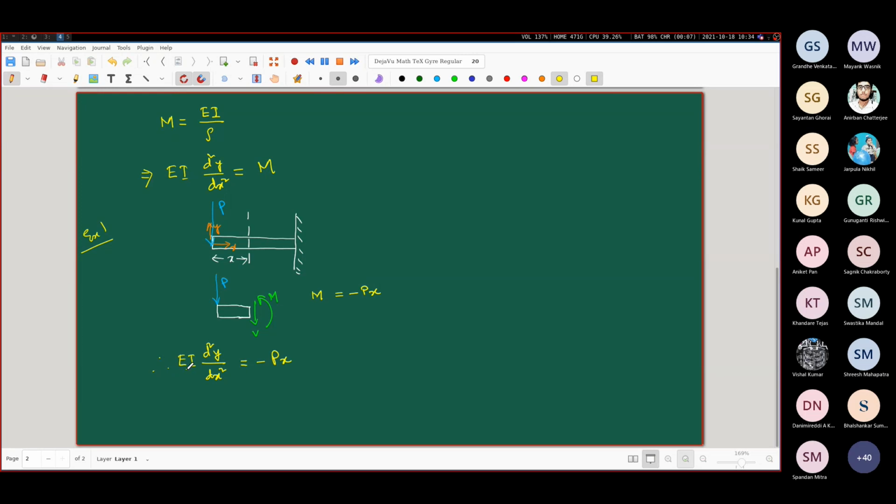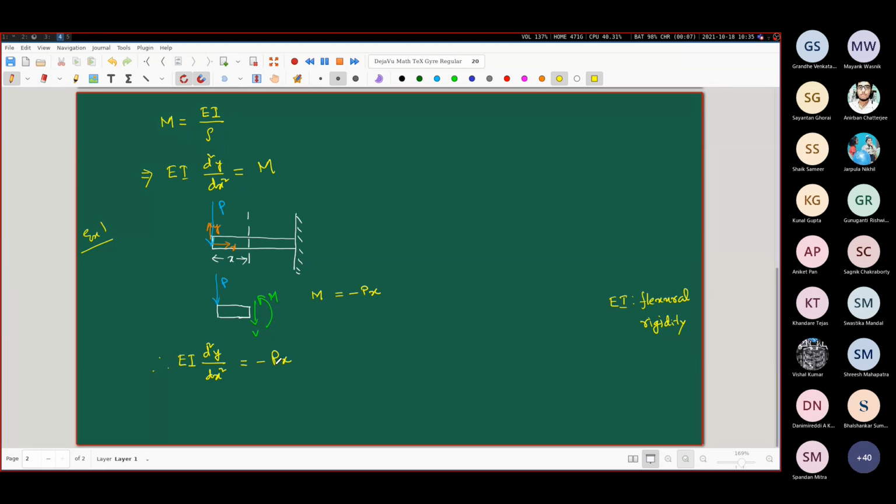This E times I, that is sometimes referred to together. So this product EI, not sometimes, it is always referred to as the flexural rigidity. Okay, just a name. Don't worry about the name, but once you have completed this chapter, it's good to know that this particular combination has this name, flexural rigidity.